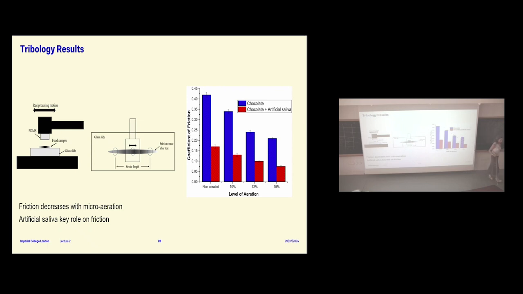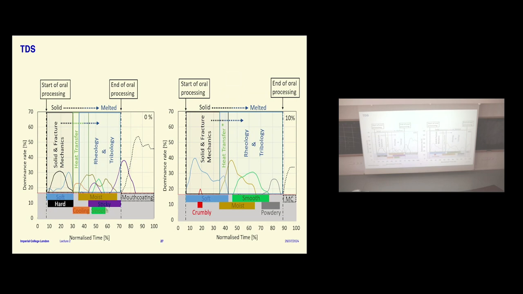We never managed to understand why that was, but anyway, those are the results. You can see it here. This purple thing is stickiness, which appeared in 0% and did not appear at all at 10%. So we said that the 25% drop in friction meant that stickiness was not picked up in the micro-aerated chocolate.